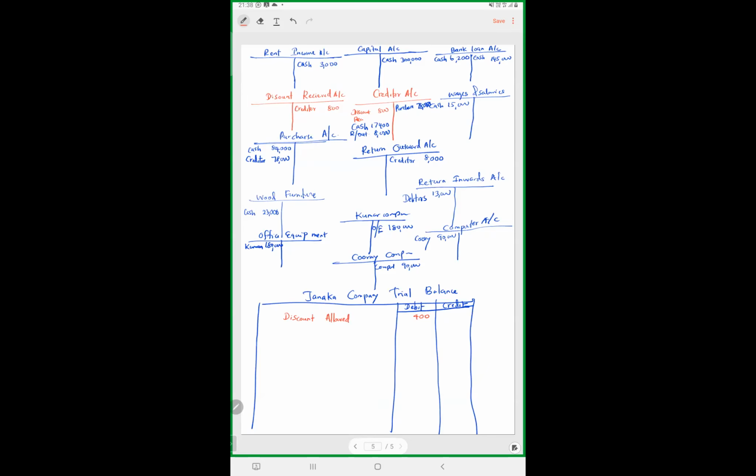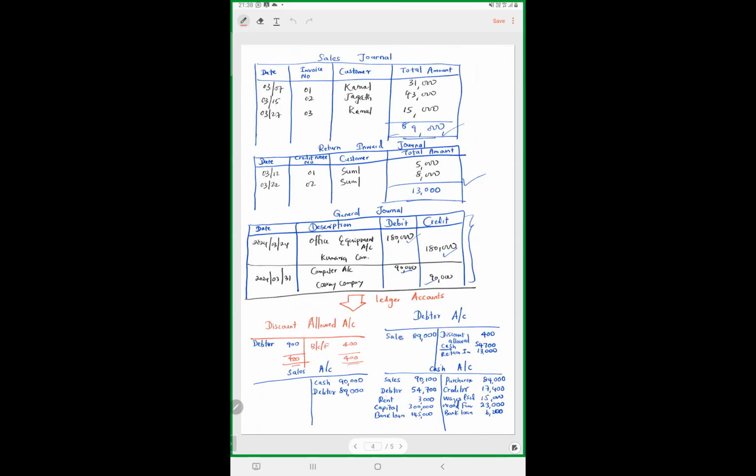And the next one, the debtors account, this side is more, or greater. So therefore, first you need to get 89,000. Then you need to deduct from 89,000: 89,000 minus 400 minus 54,700 minus 13,000.